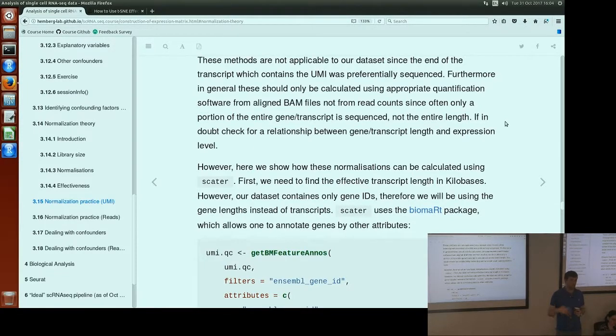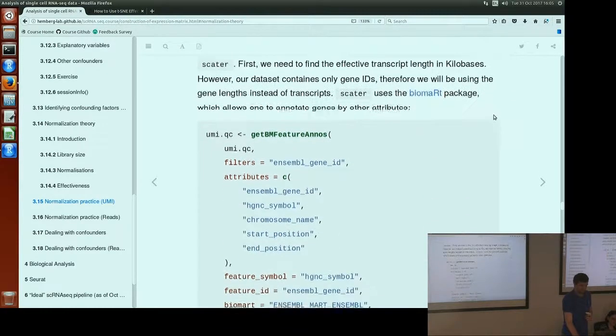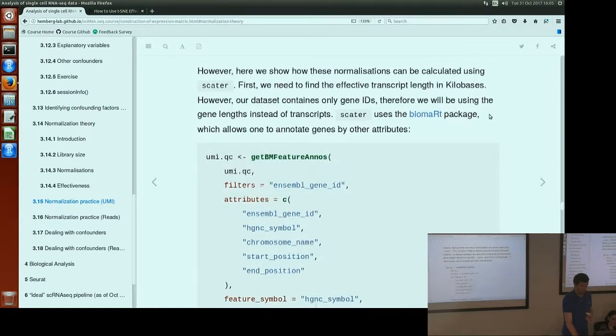One sensible thing to do, and there is a function in scater for doing this as well, is to check for the relationship between gene or transcript length and expression level. In scater, there's a function called getBMFeatureAnnos, which we can use to get annotations from Biomart to help us get information about genes like transcript length or gene length and so on.